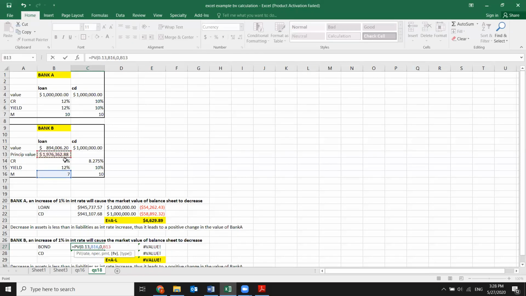It still shows negative. Why? Because we used present value. That's why we need to put a negative sign.